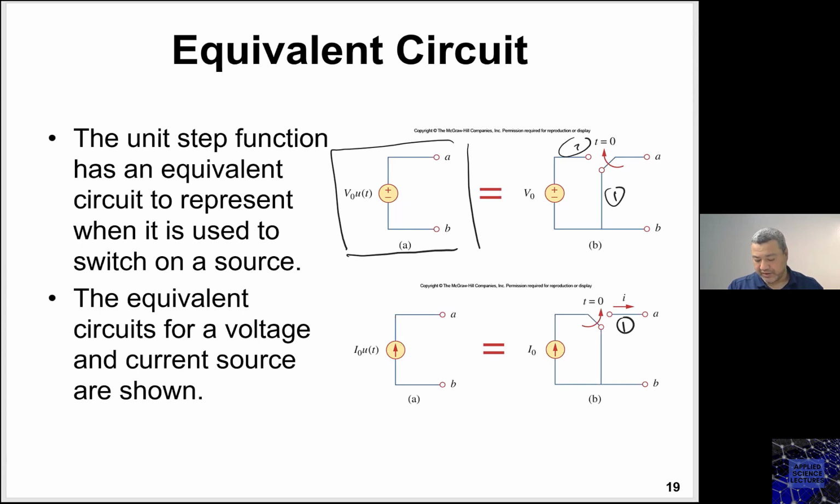So here is position 1. So the circuit is open, and then this is position 2, when the current source gets switched into the circuit. So this is only to explain to you what this on-off thing means for different types of sources.